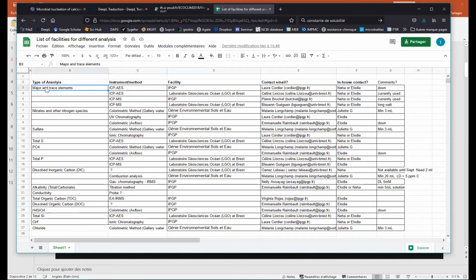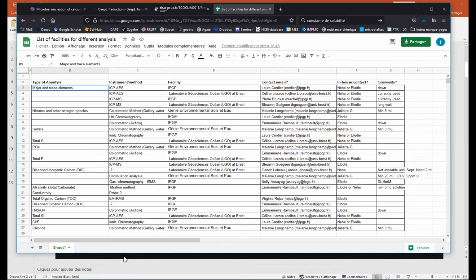So you can see that you have major and trace elements by ICP, for example, or you can have different colorimetric methods for mostly the nutrients, so phosphate, nitrate, etc. So you have all this information here.